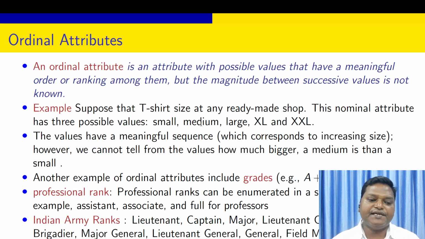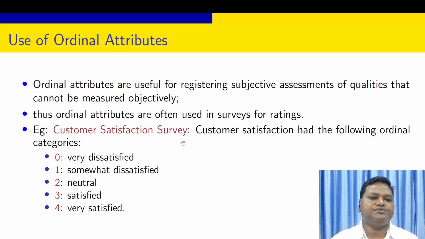All these are ranked. Even in the police department, you see constable, head constable, sub inspector, circle inspector, deputy superintendent of police, then superintendent of police, or ACP, DCP, then CP, then IG, DIG, and director general, DGP, that is the highest rank.